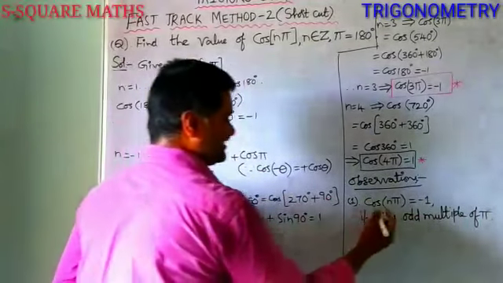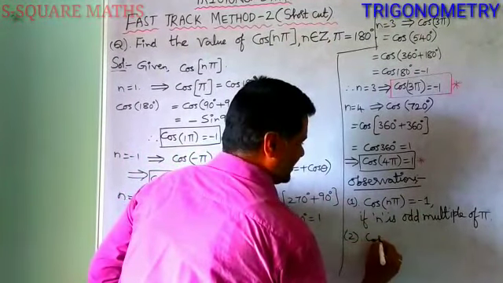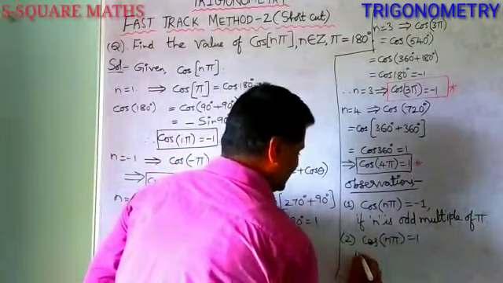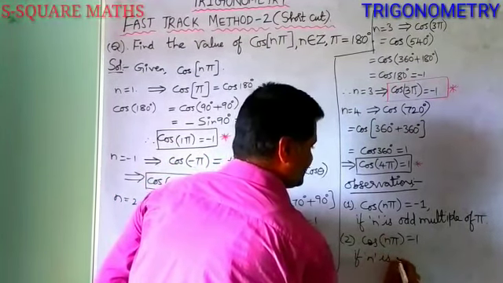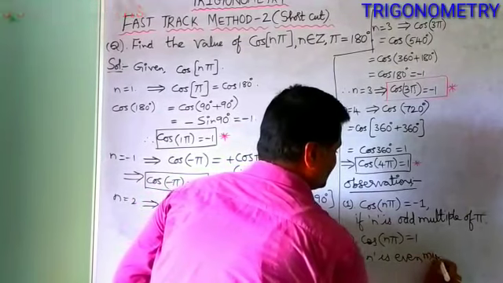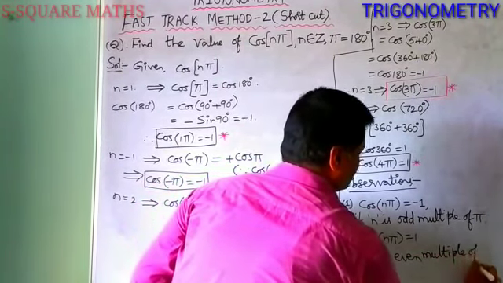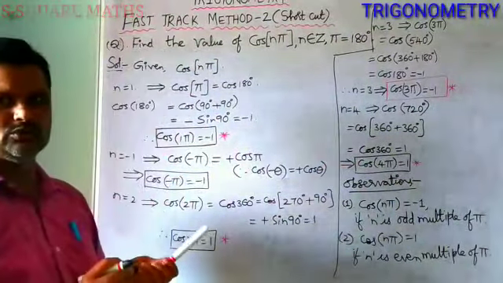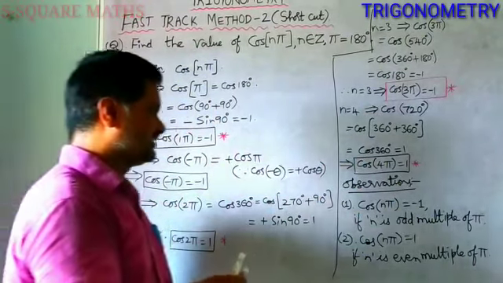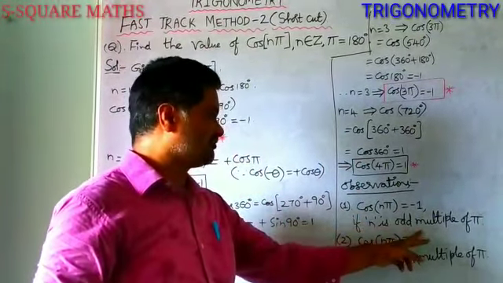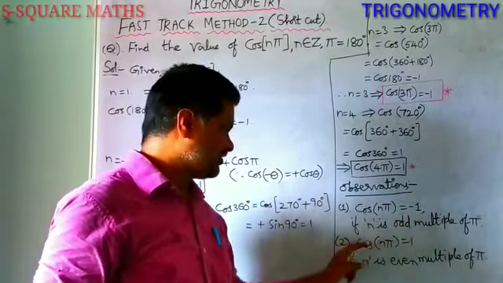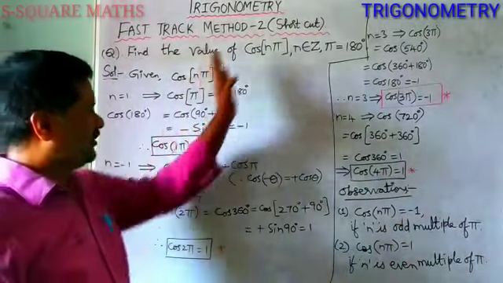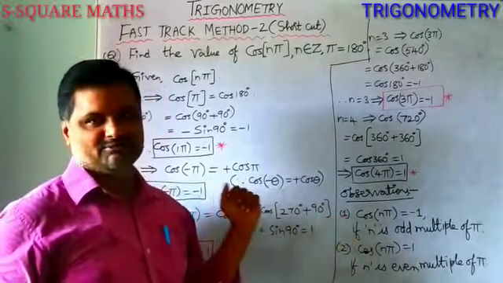If n is an even multiple, cos n pi is equal to plus 1 if n is an even multiple of pi. So like this, without calculating the values for n is equal to 1, 2, 3, 4, we can find it here. If it is an odd multiple of pi, it is minus 1 for cos, and cos of n pi is equal to plus 1 if n is an even multiple of pi. In this way, no need of going through each and every step, just go through the multiples.